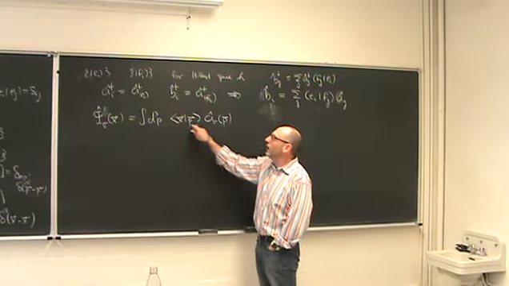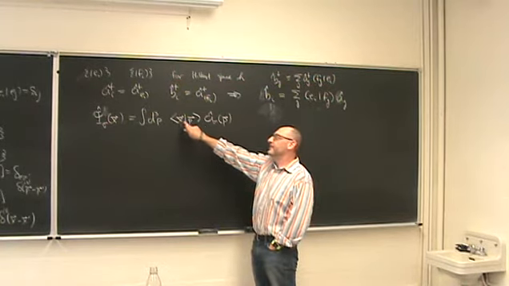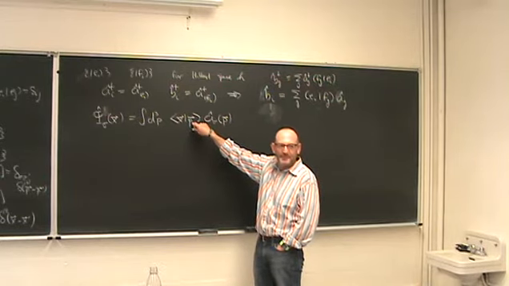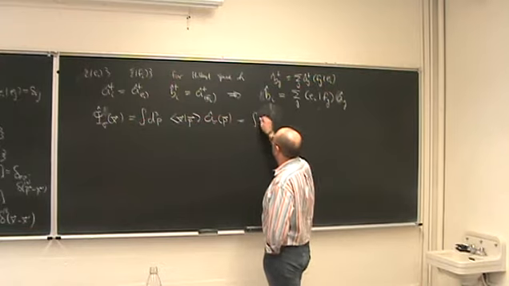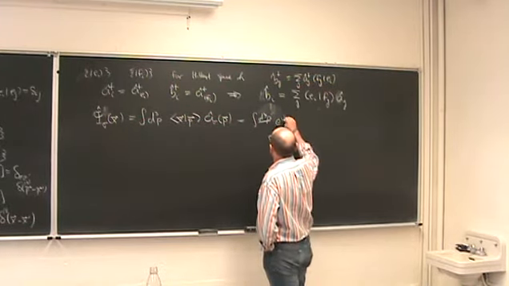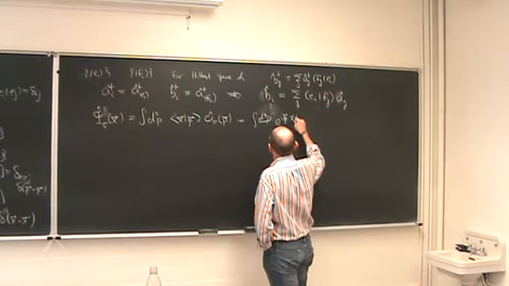And this is pi. Well, that's nothing more than the position representation of momentum eigenstates, which are plane waves, right? So this is equal to the plane waves e to the i k dot x, or p over h bar dot x.